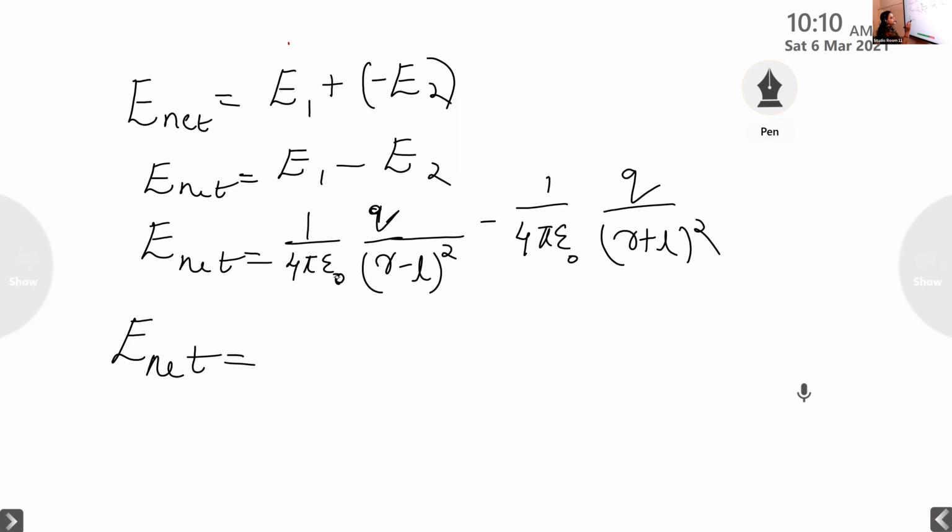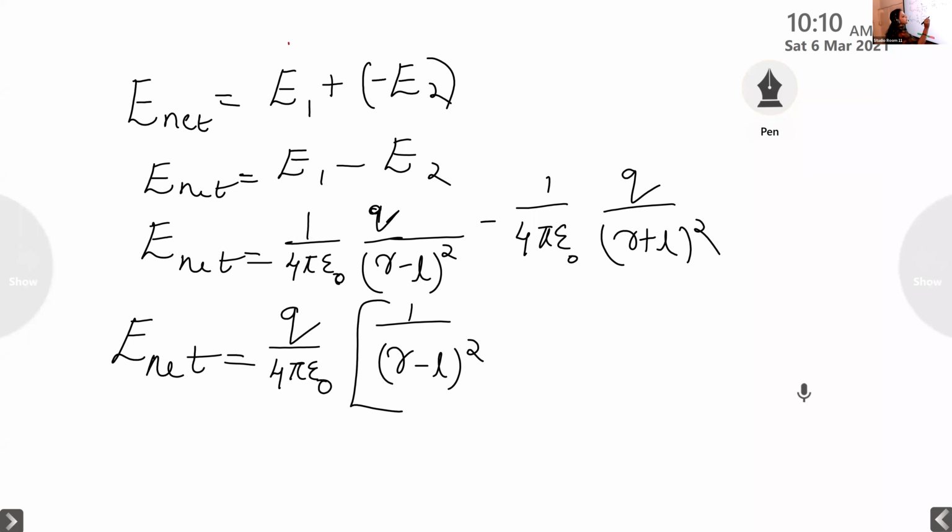So the net electric field is given by Q divided by 4 pi epsilon 0, and inside the bracket, 1 divided by R minus L the whole square minus 1 divided by R plus L the whole square, right?